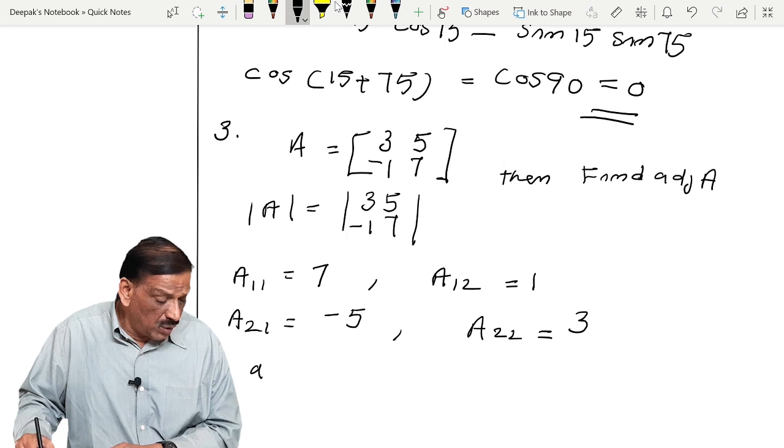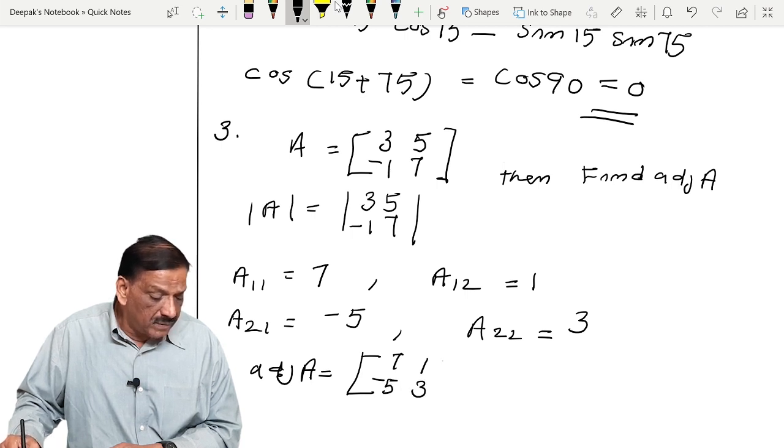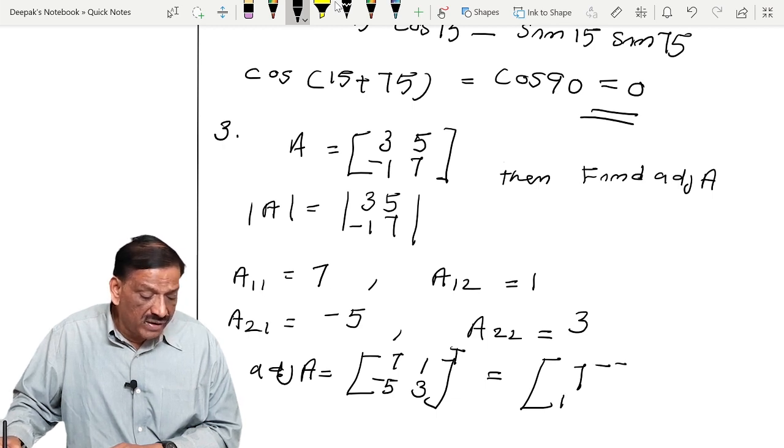Therefore, adjoint A equal 7, 1, minus 5, 3, all transpose, that is equal to 7, 1, minus 5, 3.